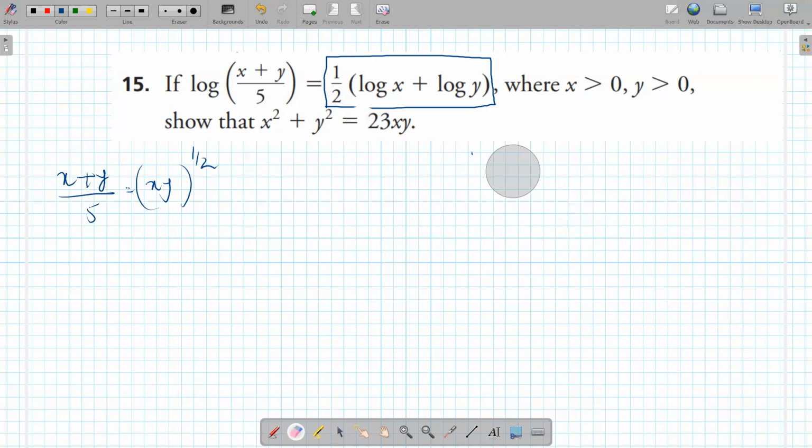Okay, we're on the right path. I don't see anything square rooted in the final answer, so we need to get rid of that 1 over 2 exponent. What do we do?